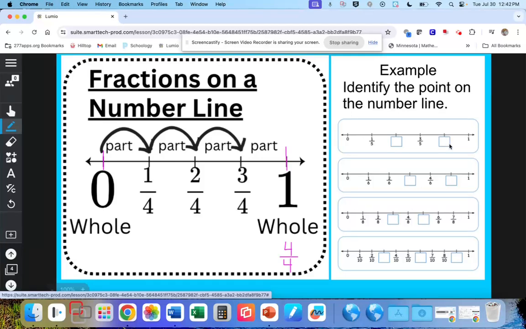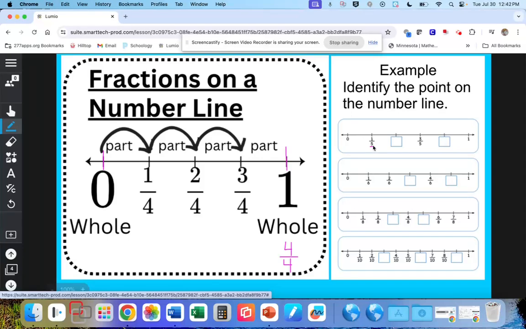All right, let's take a look at some examples here. We have some missing numbers where the boxes are. If I have 0 and I go to 1, I can see that they are broken into 1, 2, 3, 4, 5 parts. That's why they're using a denominator of 5.